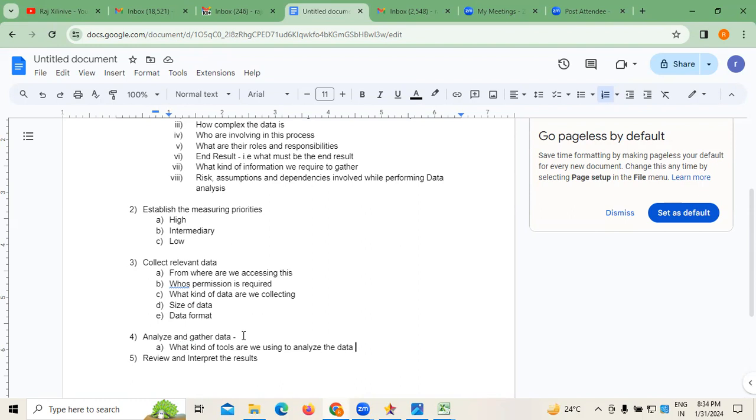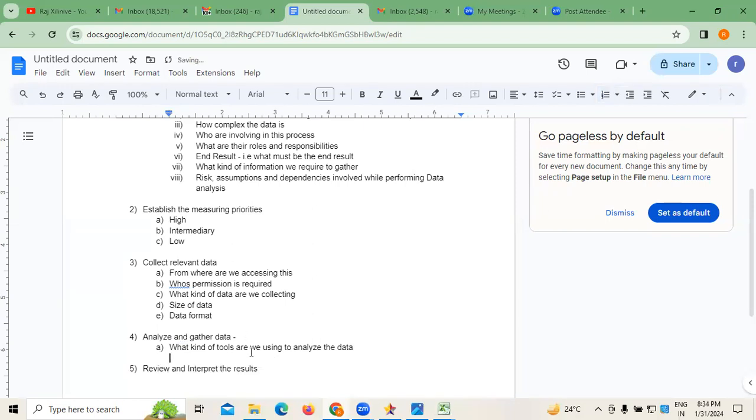As I told you, there are tools like SQL, which will be used to write queries so that you can extract the data. For report generation, SQL is something we use. At the same time, the Python programming language is also required. When we want to become a data analyst, knowing Python programming is also required. So what kind of tools we are going to use is all involved in this.